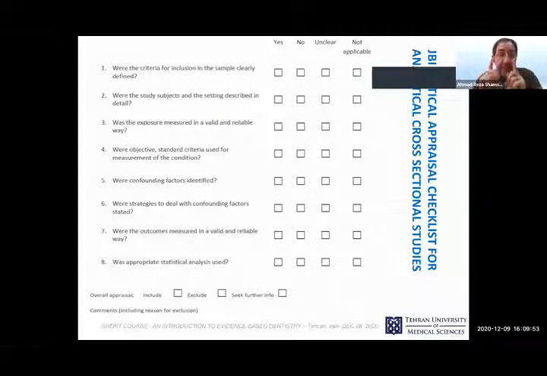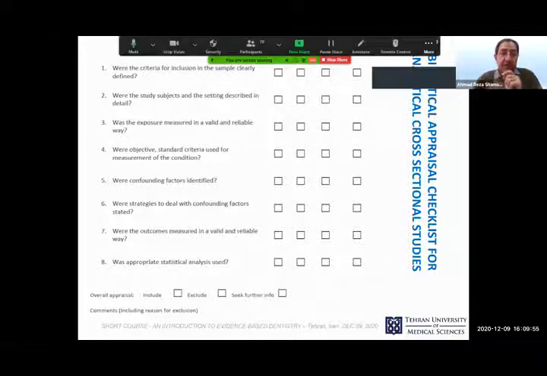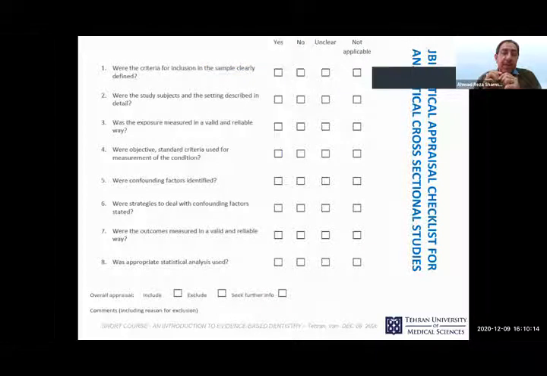After considering the confounders, the sixth question is: were strategies to deal with confounding factors stated? Because we have some strategies to eliminate the effect of confounding from the relationship under consideration.